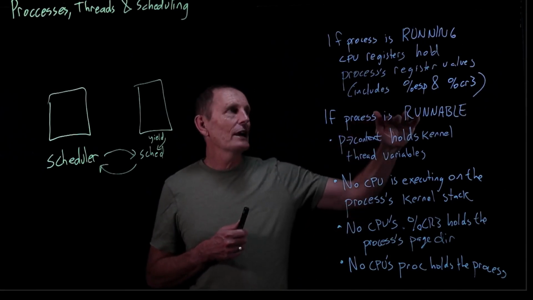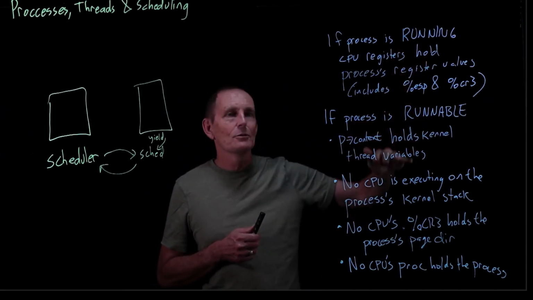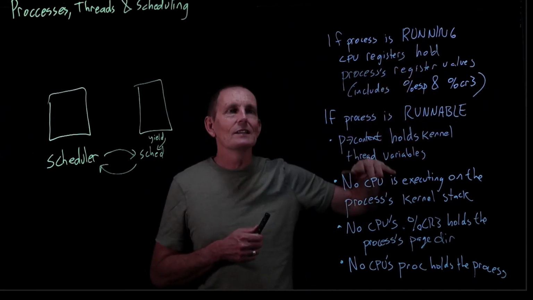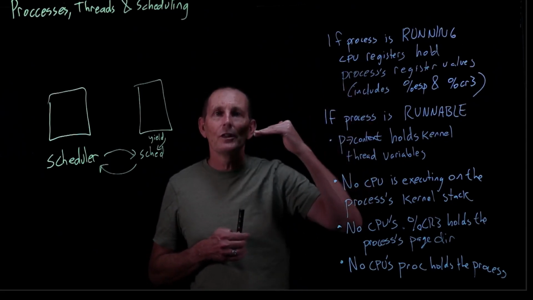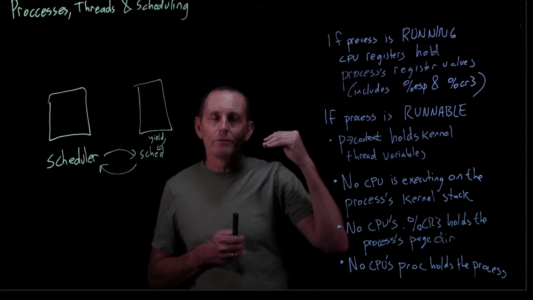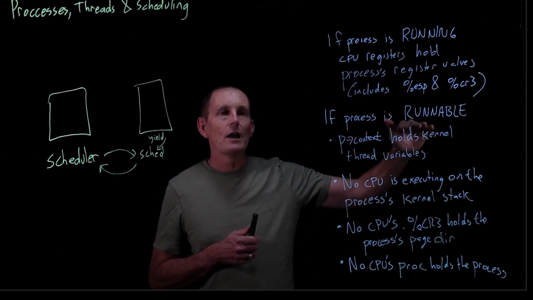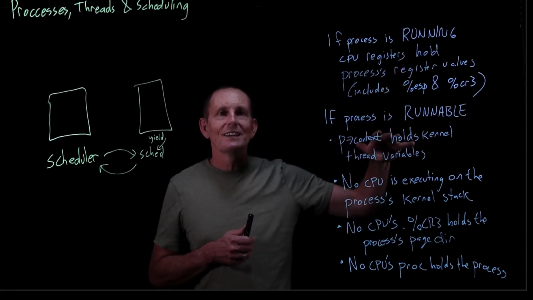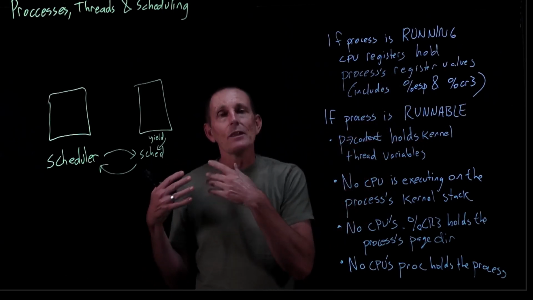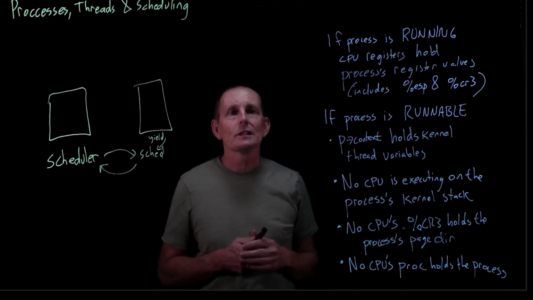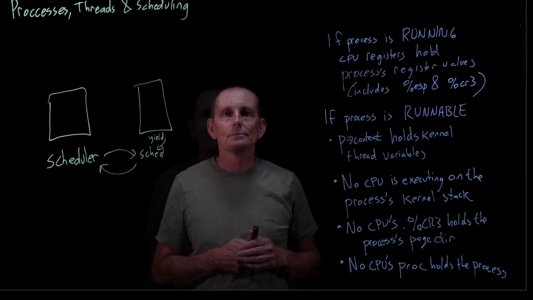Because before converting it from runnable to running, we're going to be breaking these invariants. And so those invariants can only be broken while the lock is held. And therefore, the first CPU to try to run a runnable process is going to have the lock held. All the rest will wait. By the time the other CPUs look, the process will look like it's running and no longer runnable.